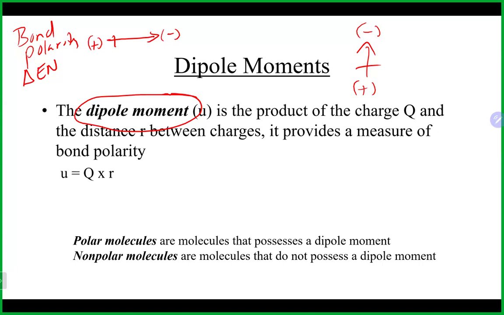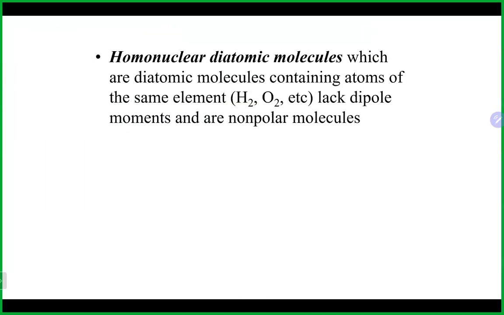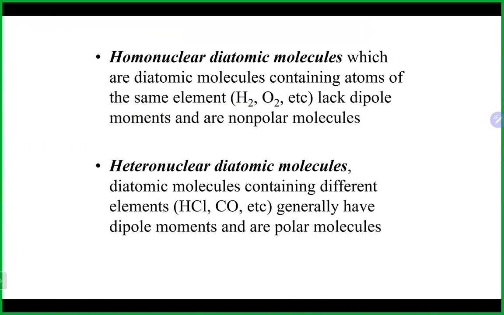The one and only place where bond polarity and molecular polarity, which is what they're asking for on your activity, by the way, where it says polarity, they're asking for molecular polarity, is when you're dealing with diatomic molecules.